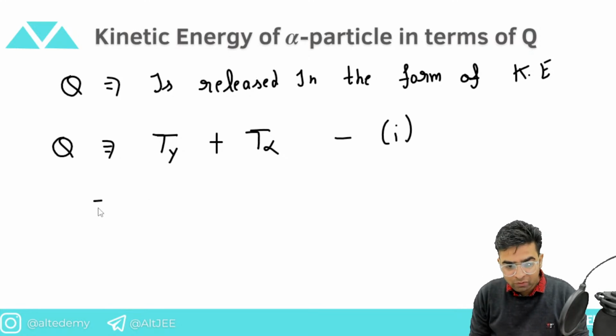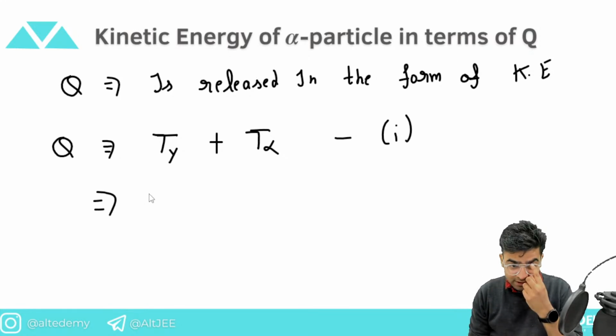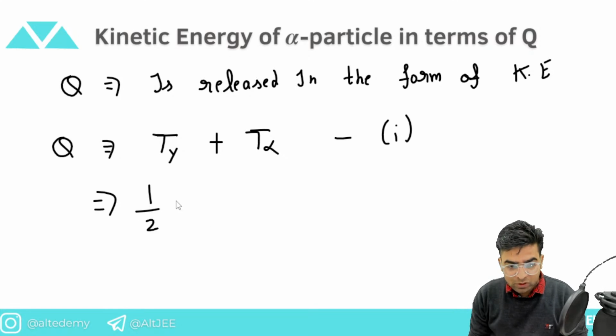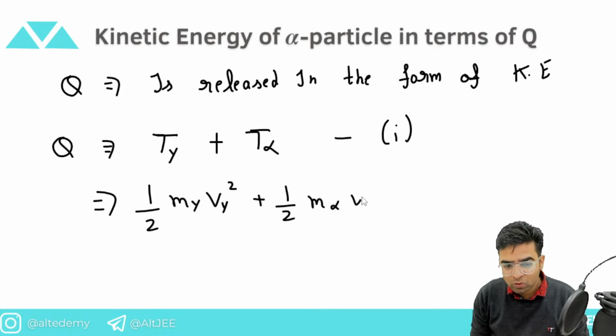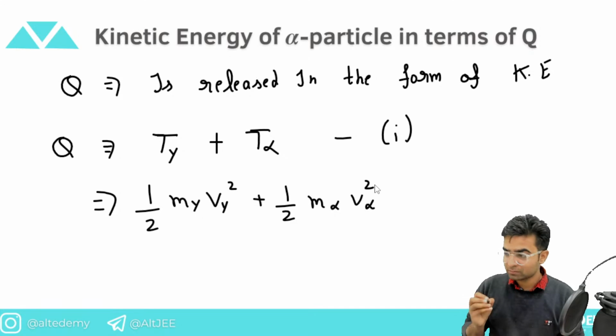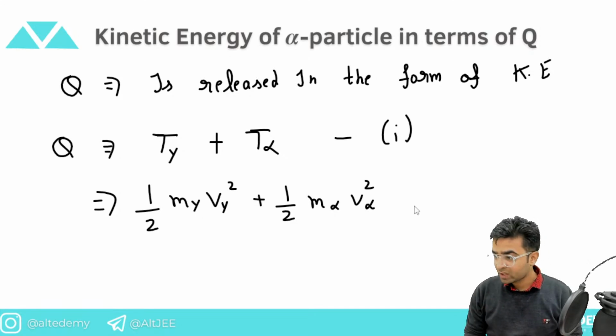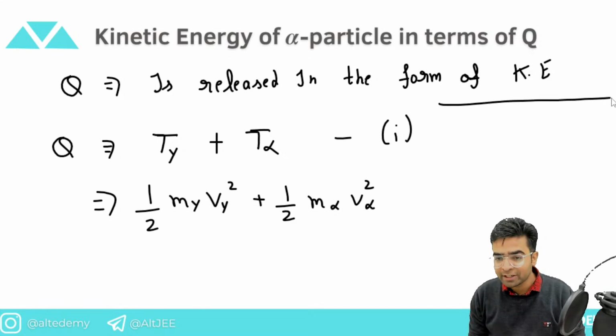Now we can write this as half m_y v_y square plus half m_alpha v_alpha square. Okay, are we clear till now?